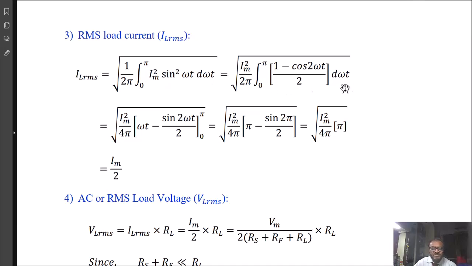Now Im square is constant, so it is taken out of the integral sign. The integral of sine square omega t is 1 minus cos of 2 omega t by 2. Solve the integral. We will get Im square by 4 pi in bracket omega t minus sine of 2 omega t by 2, with the limit 0 to pi, under the radical sign.